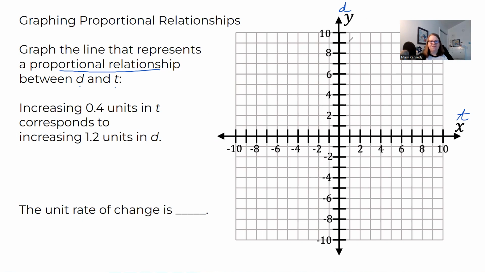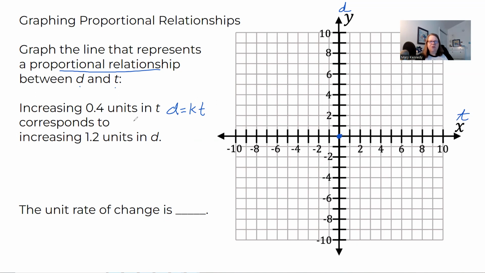And so we have the relationship D equals KT. In a direct variation situation, your graph is going to go through 0, 0. And so we know that that's 1 point on our graph when we have a proportional relationship.